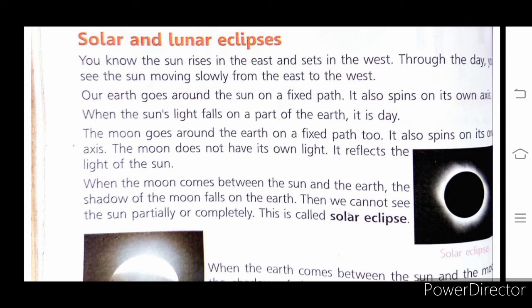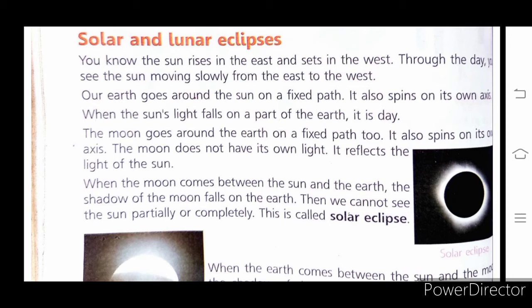When the sun's light falls on a part of the earth, it is day, and on the other part it is night.